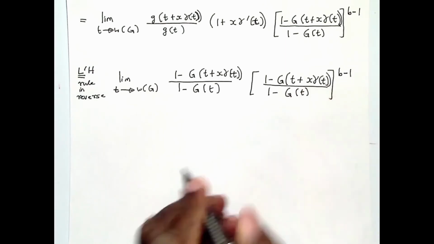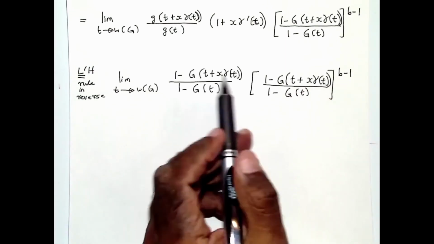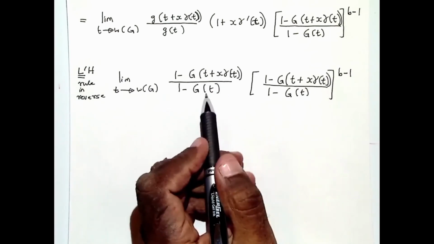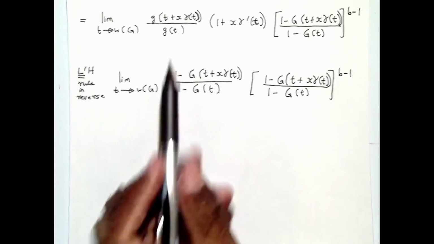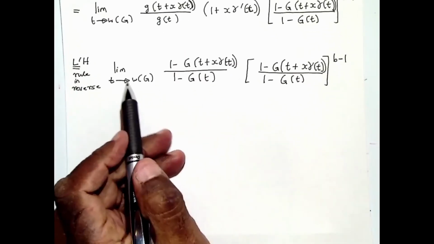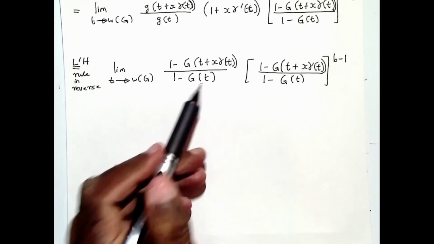Okay, so if you differentiate this and this with respect to t, you will get precisely what you have here and here, right? So it's L'Hopital's rule applied in this direction, from this step to this step.